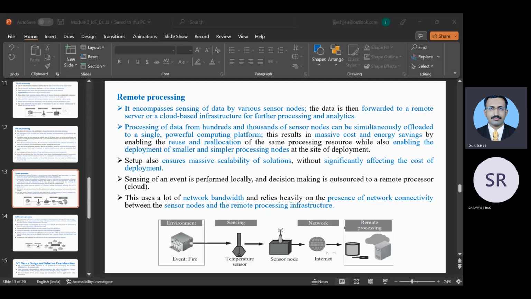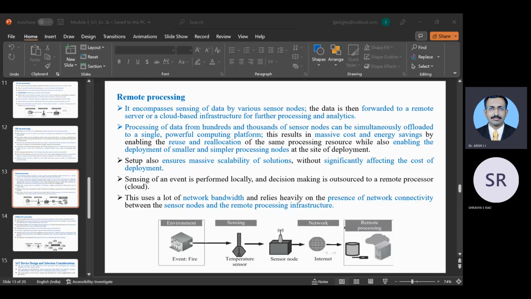But here you are sending the information and getting it processed, like a master and slave processor in a computer. The slaves are not doing any processing at all. They directly send all the information and the master computer will have high resolution. You might have heard about servers, right? The resolution of those servers will be very high, so the processing can be done much faster and the computing capacity will be very high.